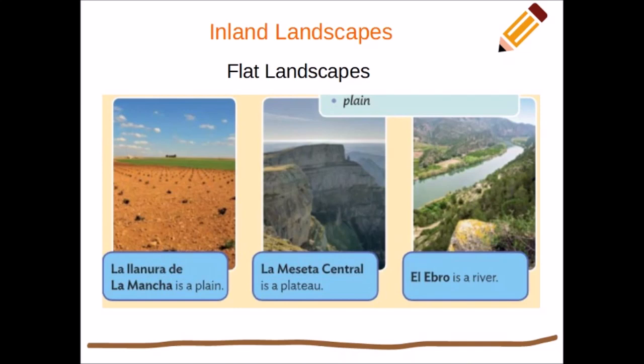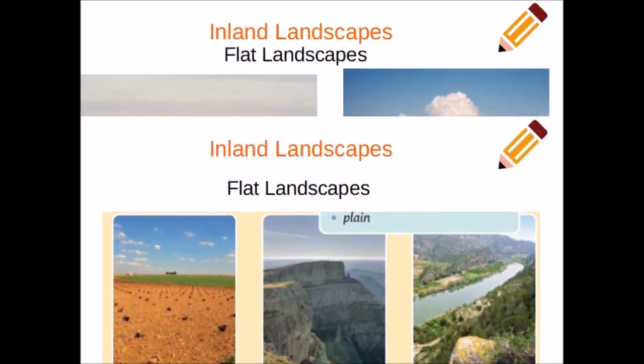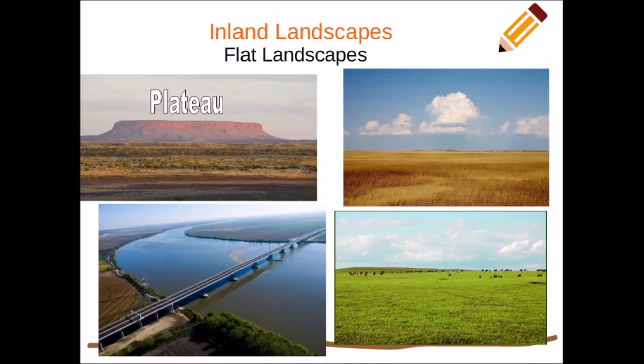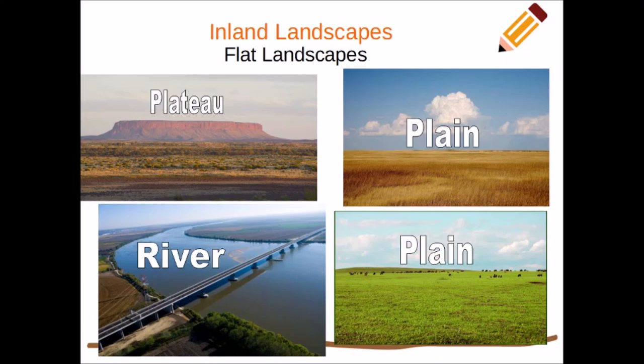So it carries water and in flat landscapes tends to be flat and wide. So let's look at more examples of a plateau. So you can see it's large, it's high, so it's tall, and it's flat. It's not pointy like a mountain. We have a river, and we have the very flat plains.